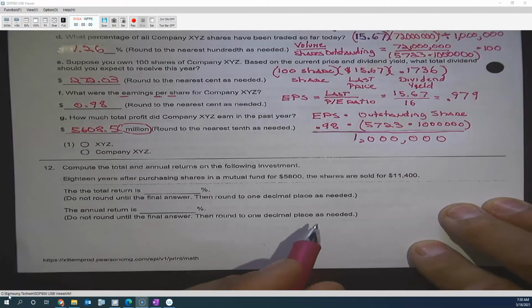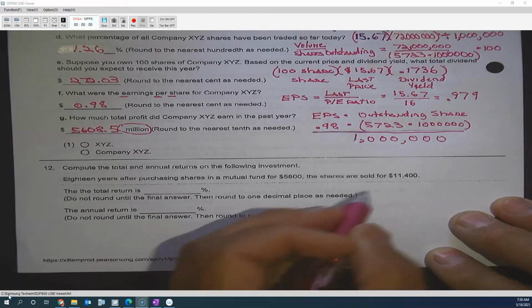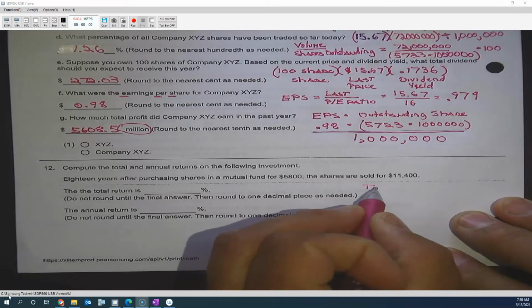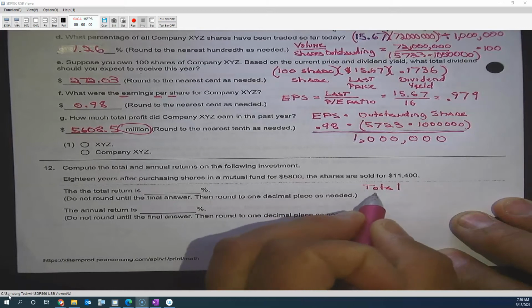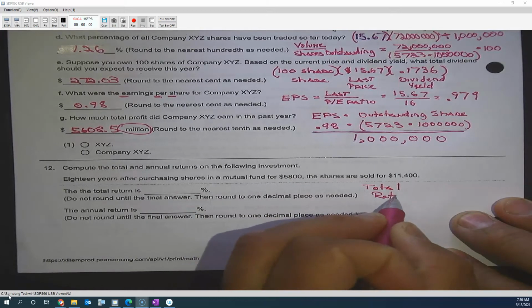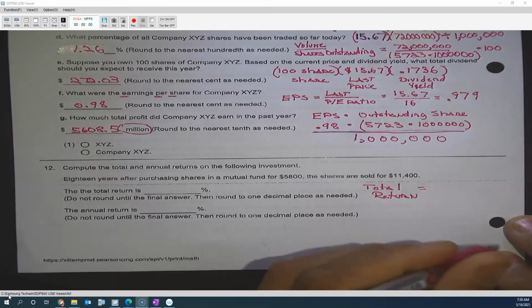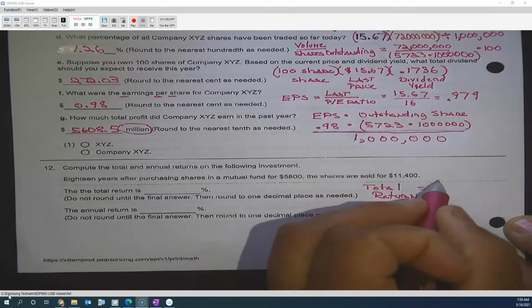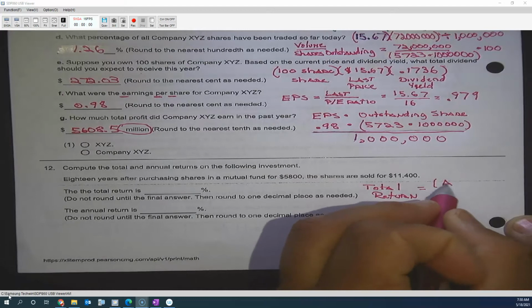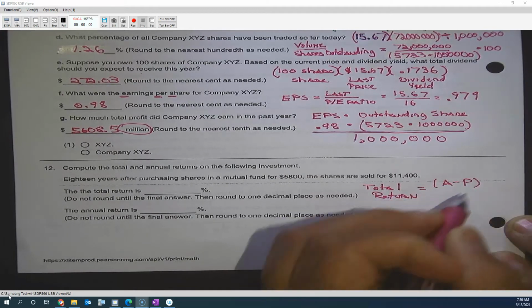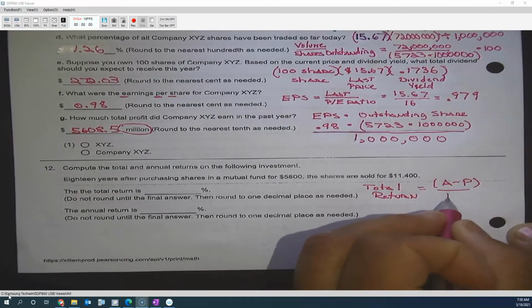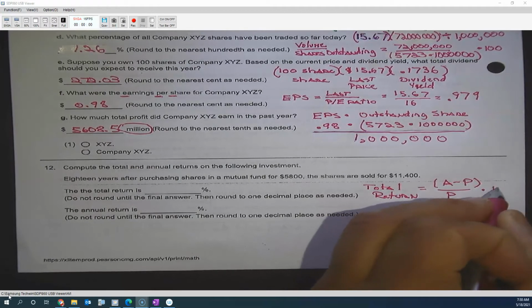All right, so to get our total return, we're going to do A minus P divided by P times 100.